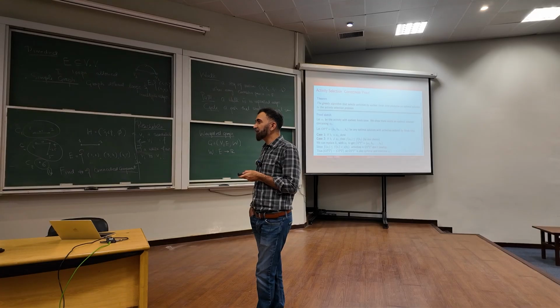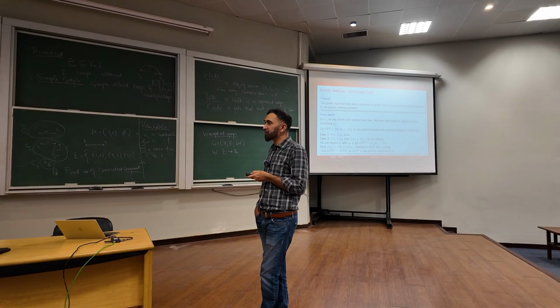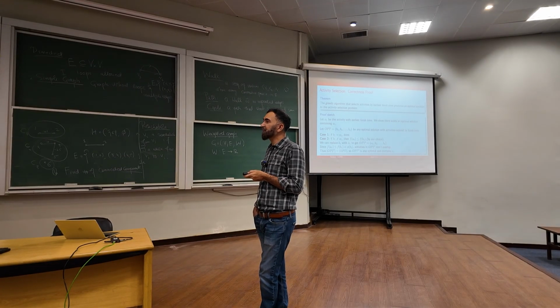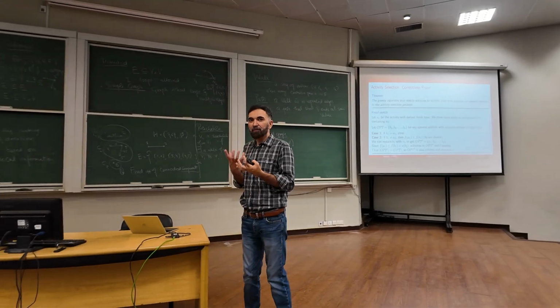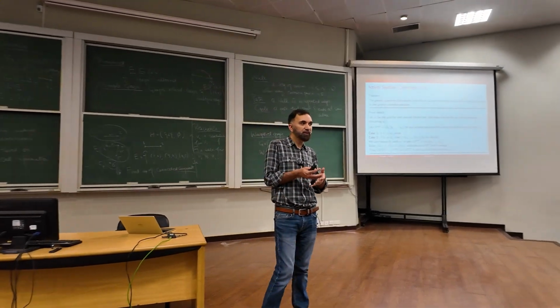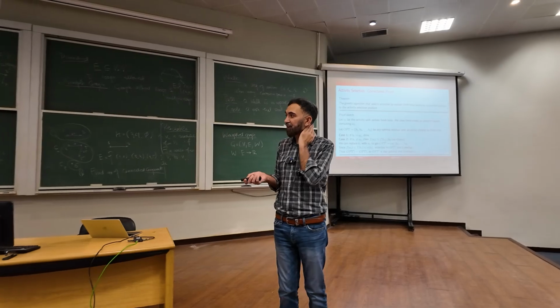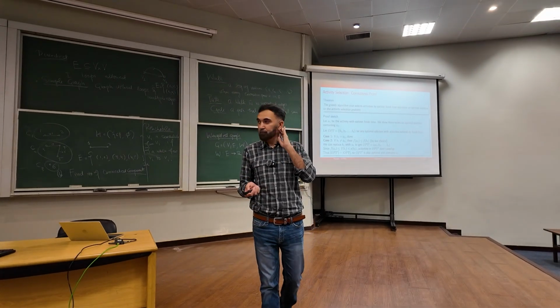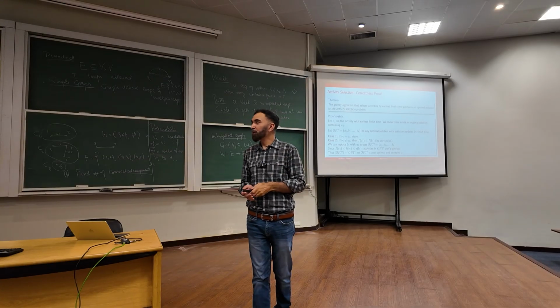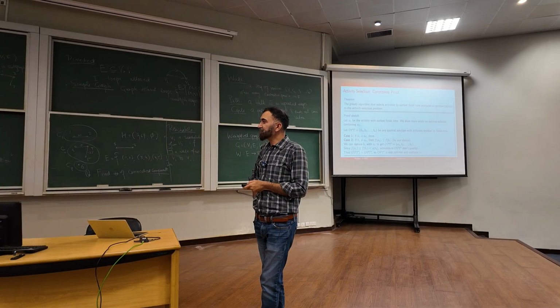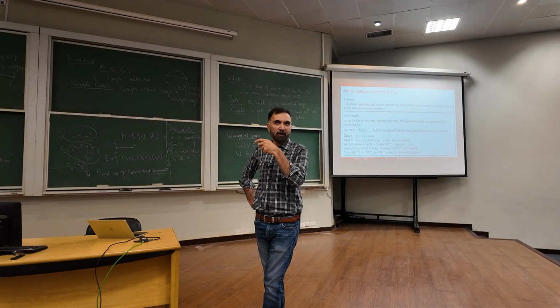So if B1 is the first activity in the optimal solution and it's not equal to A1, then I know that A1 must finish before B1. All right? Because I picked A1, by definition, as the activity which finishes first, which means that A1 must finish before B1, which means that if I replace B1 with A1, then it's not going to conflict with any future activities.